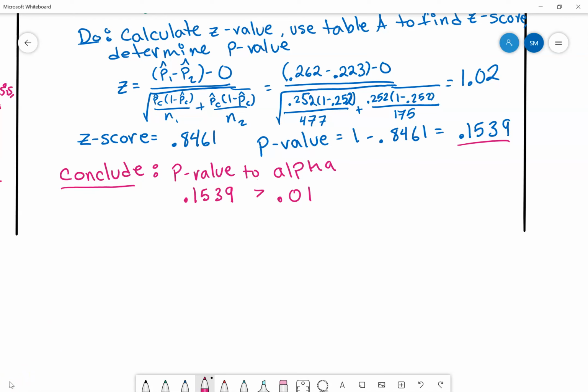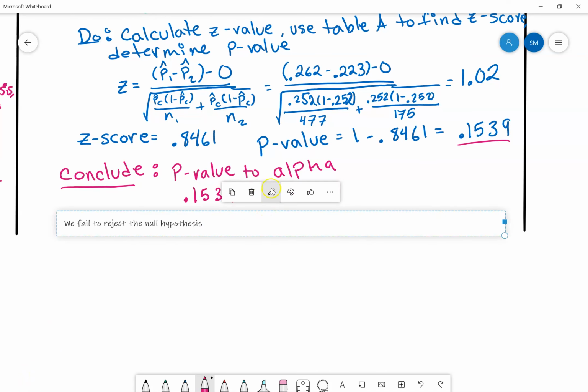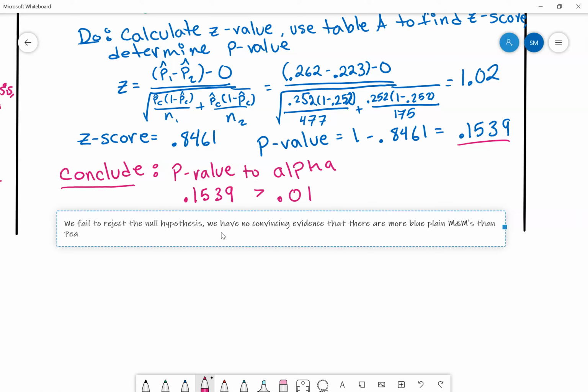So let's go ahead and type that up. So we fail to reject the null hypothesis. We have no convincing evidence that there are more blue plain M&Ms than blue peanut M&Ms.